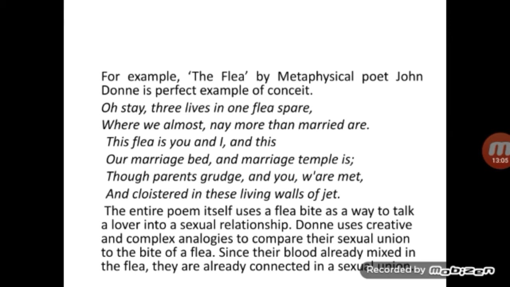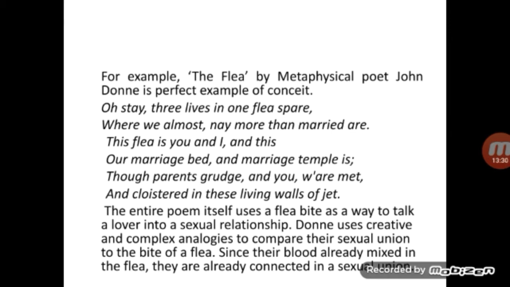The entire poem uses play as a way to talk a lover into a sexual relation. John Donne uses creative and complex analogies to compare their sexual union to the bite of the flea. Since their blood is already mixed in the flea, they are already connected in a sexual union.